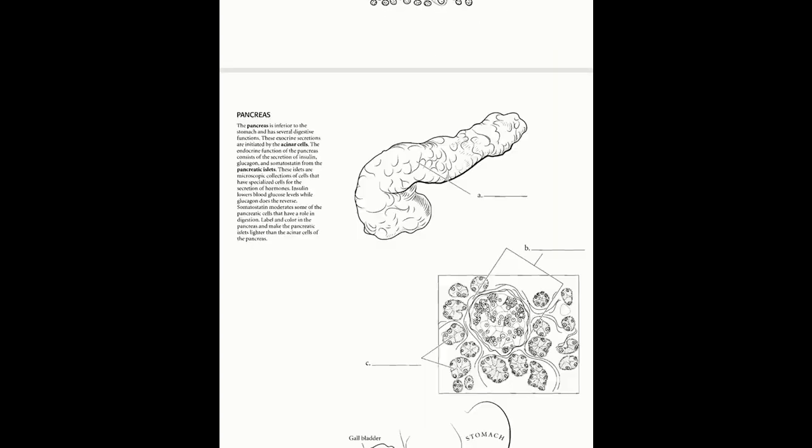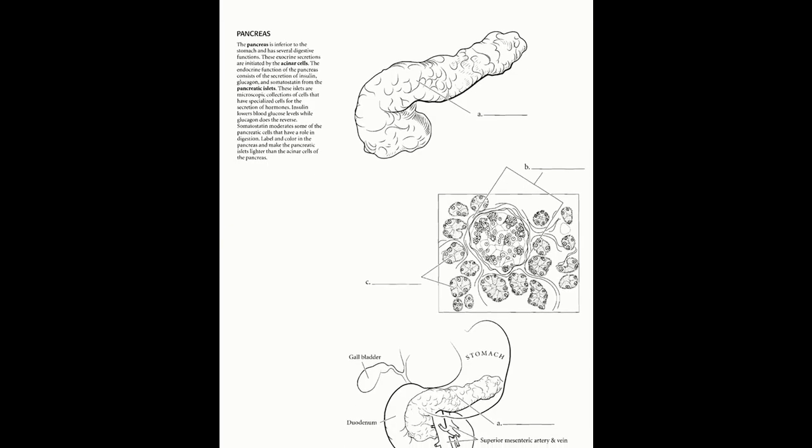If we move on to the next diagram, we have our pancreas here. And we've got 2 different histology-related structures to note.